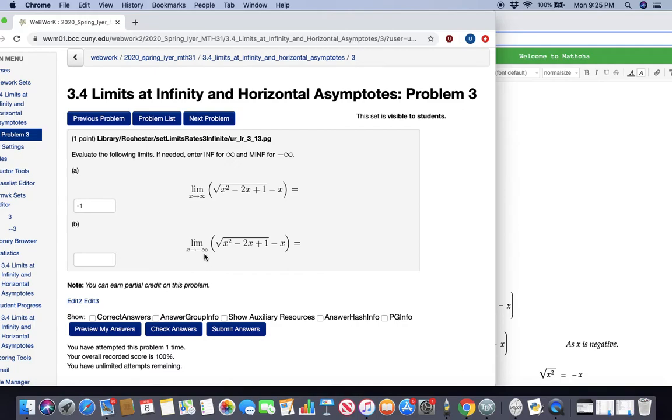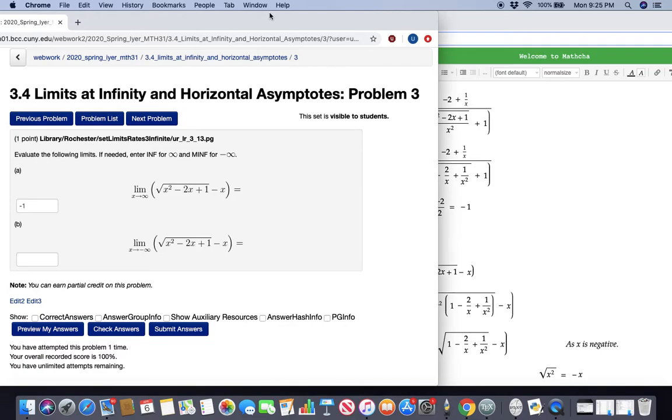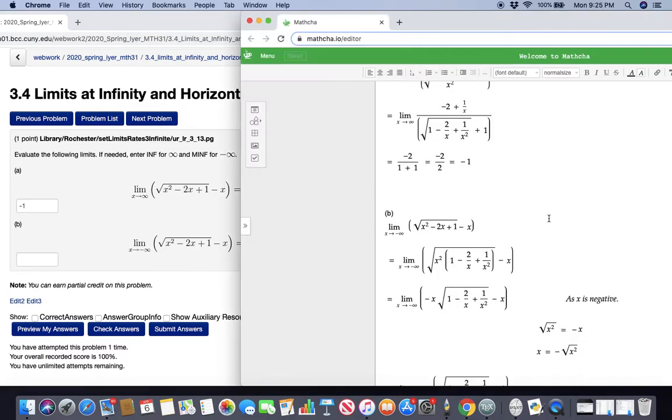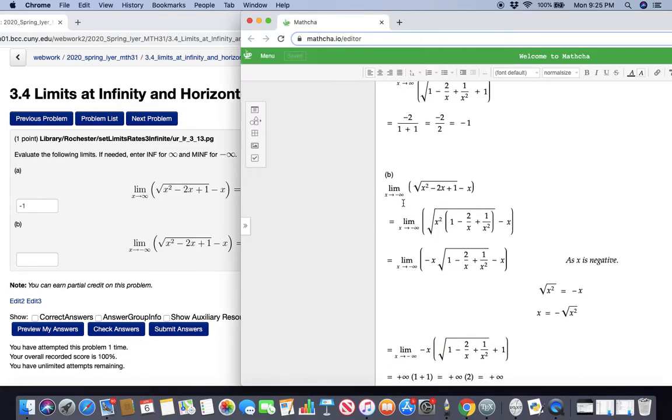Now let me take the limit as x approaches negative infinity of the same expression. In this case, mind you, let me try. If I plug in negative infinity, when I square the negative infinity, it becomes positive infinity squared.